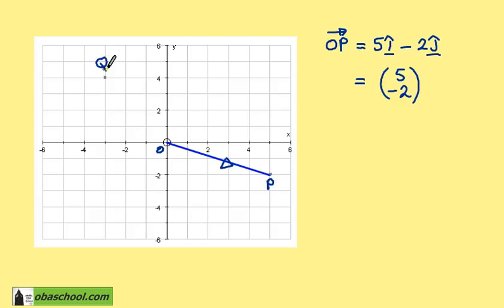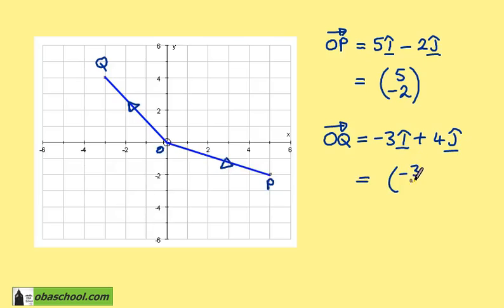If we now consider this point, which we'll call Q, a position vector to describe the position of Q would need to go 3 units backwards, so this would be minus 3i, and then 4 units upwards, so 4j, or as a column vector, minus 3, 4.